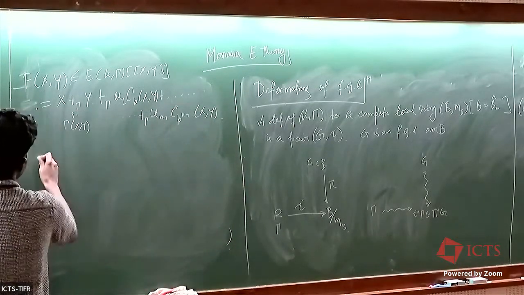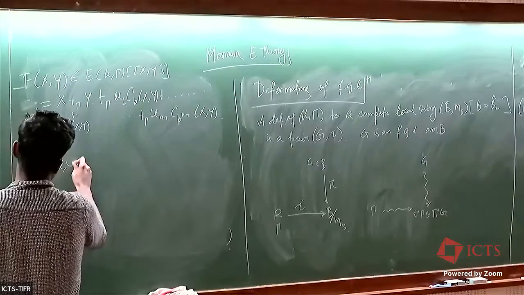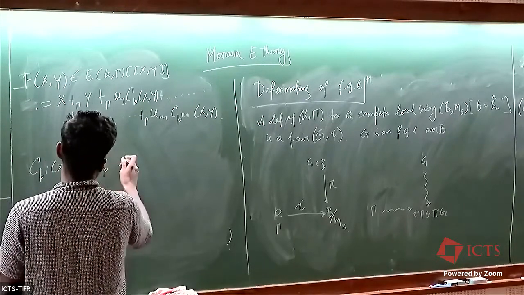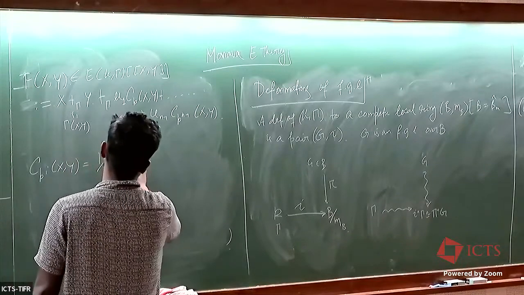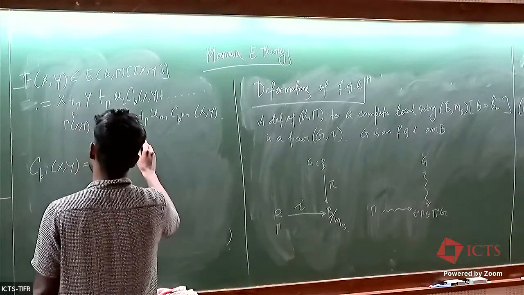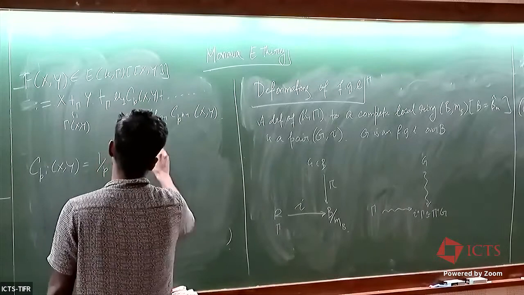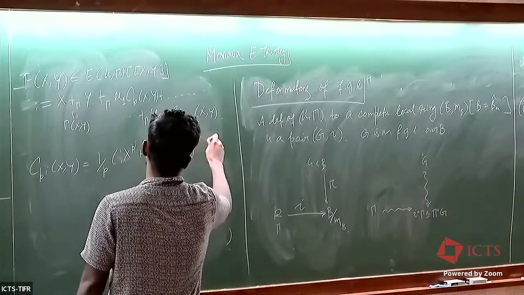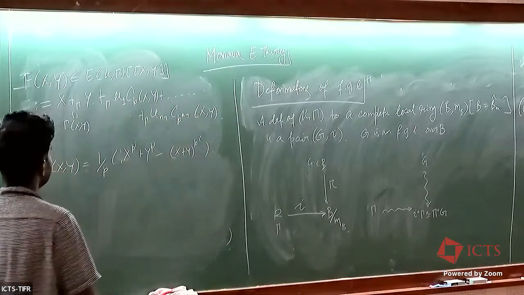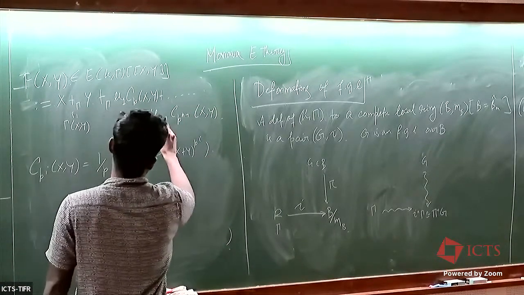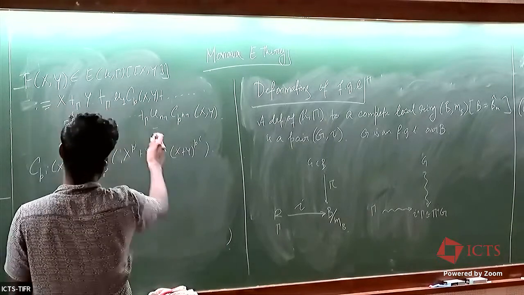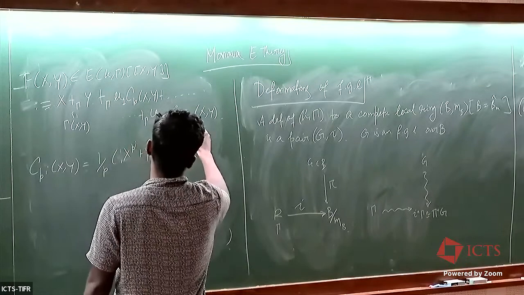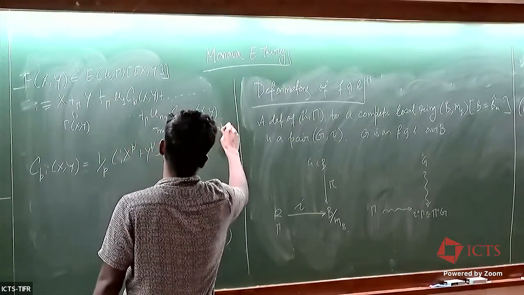And this C_{p^i}(X, Y) is actually 1/p times (X^{p^i} + Y^{p^i} − (X+Y)^{p^i}). So this is congruent to this modulo (p, u_1, ..., u_{n-1})^2.